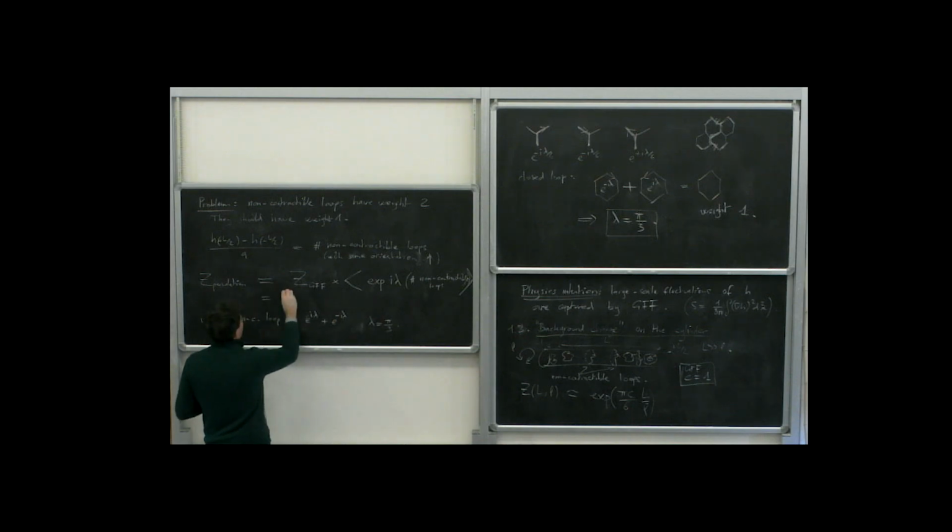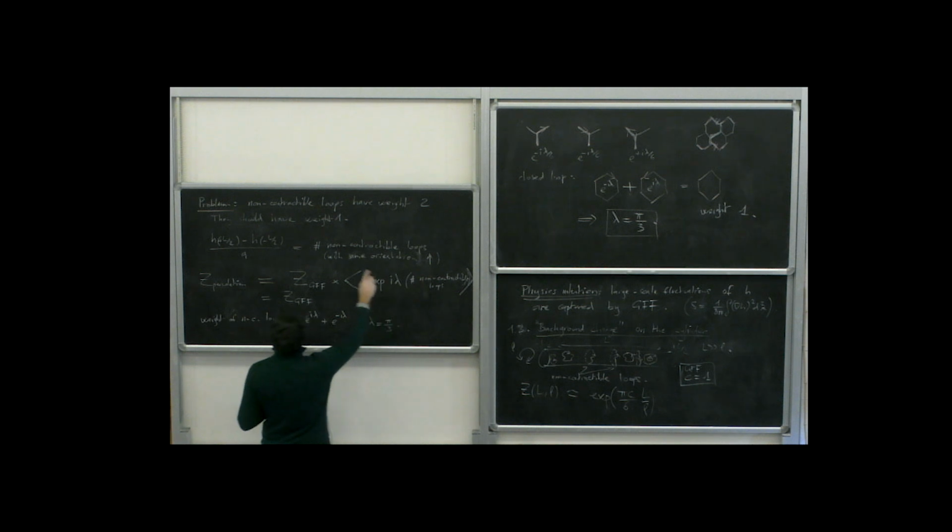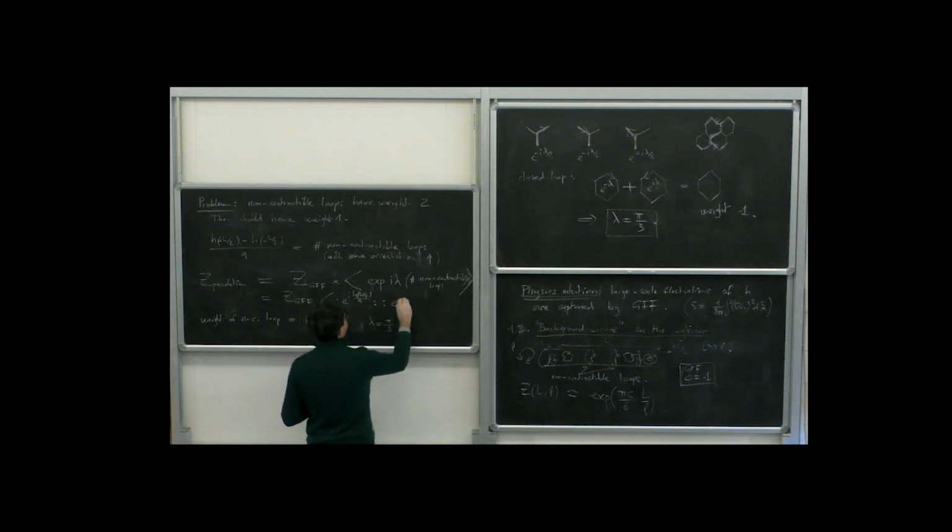But now, because the number of non-contractible loops here is given by this formula, we see that this thing is nothing but a correlation function of our favorite operators of h at one end of the cylinder, properly regularized, times the same operator here.